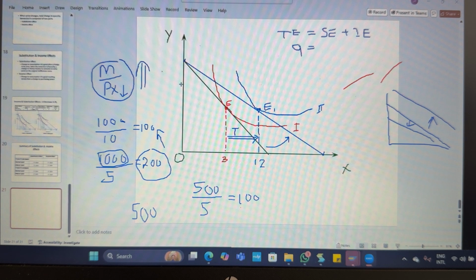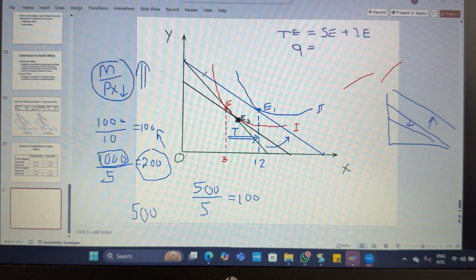Then the budget line starts shifting in a parallel fashion towards the left, so there will be a new budget line like this after shifting. You have to do this shifting until it touches the previous indifference curve. In my graph, it is touching here at point E2.